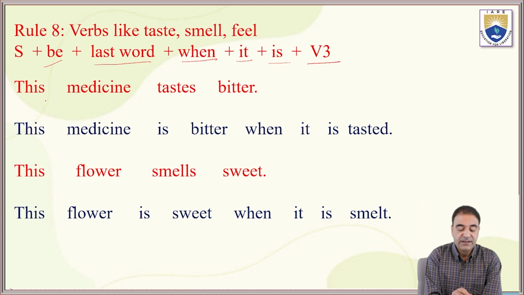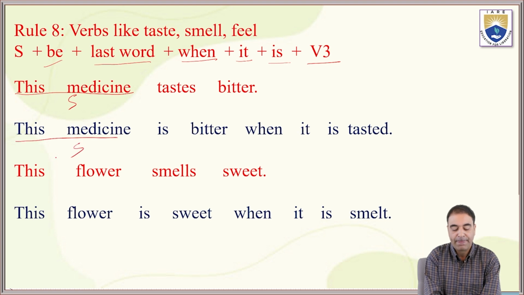Like here, "This medicine tastes bitter." Now, what do we have to do? First, introduce the subject. What is the subject? This medicine is the subject. And the subject must be followed by be form of verb. This is present tense, therefore we will introduce is. Why? Because the medicine is singular, therefore we have to introduce is, not am or are.